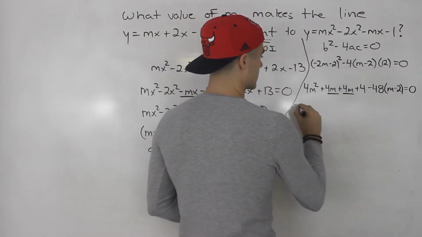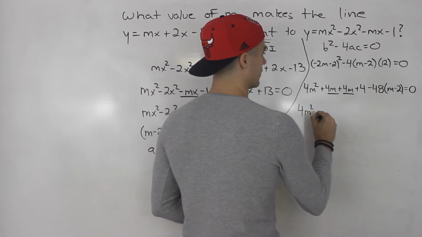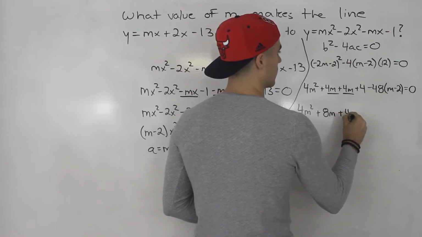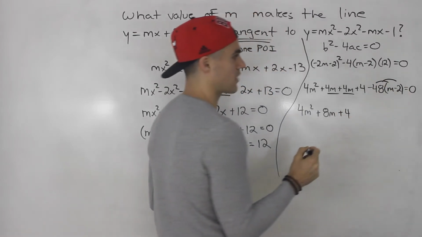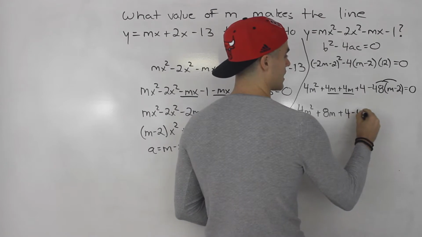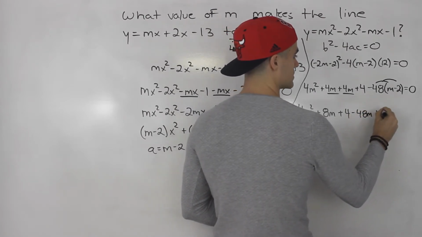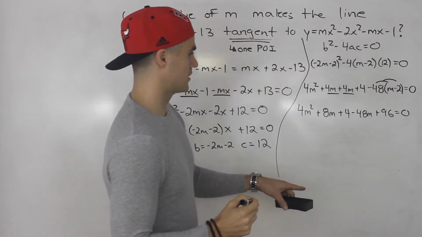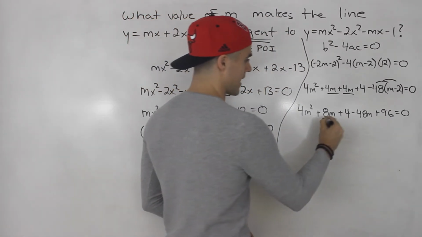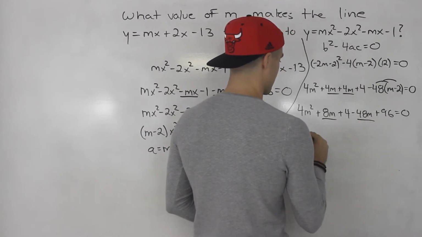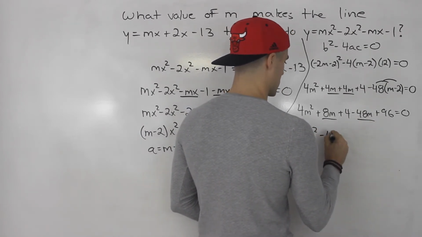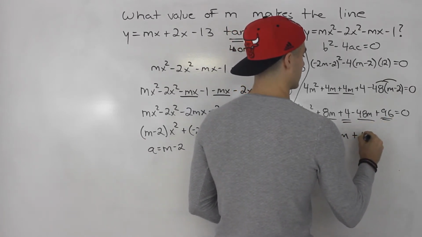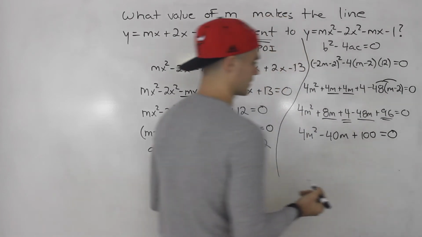So from here, these are like terms, so we'll have 4m squared plus 8m plus 4, and then distribute this into the bracket, so we'll have negative 48m plus 96. That's going to equal 0. And then from here, collect more like terms, so 8m minus 48m, that would be minus 40m. And then we'd have plus 4 plus 96, so that would be plus 100, like that.